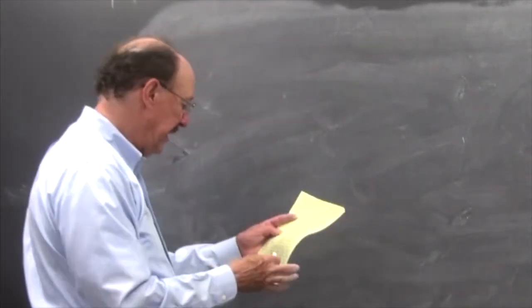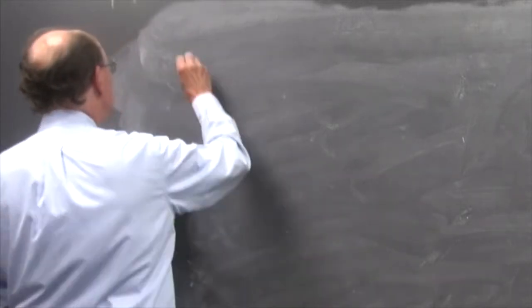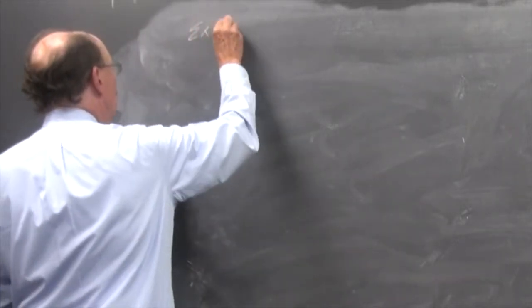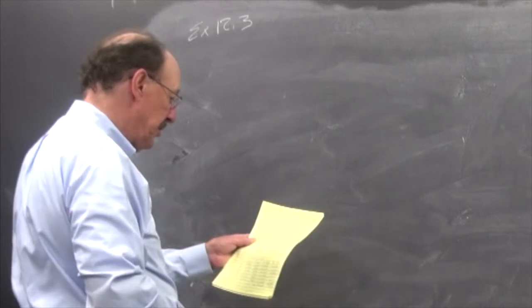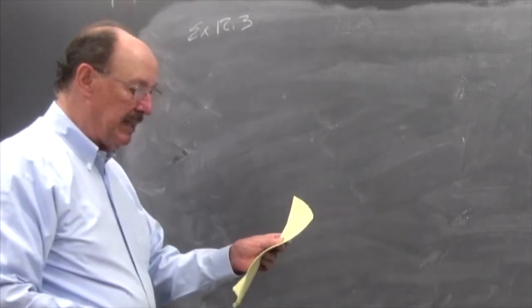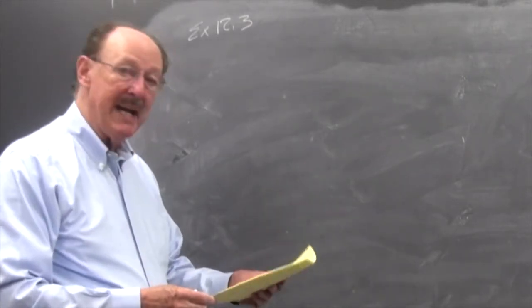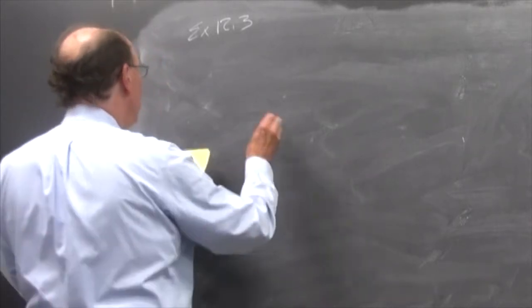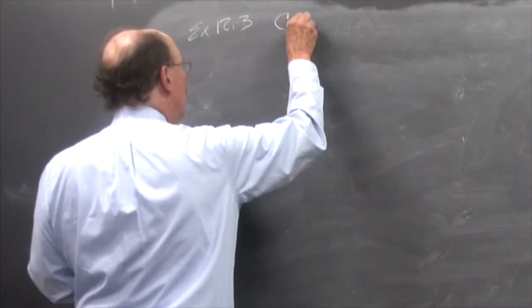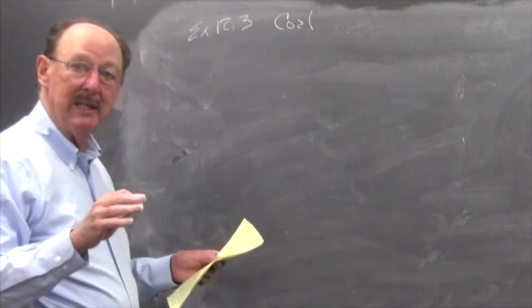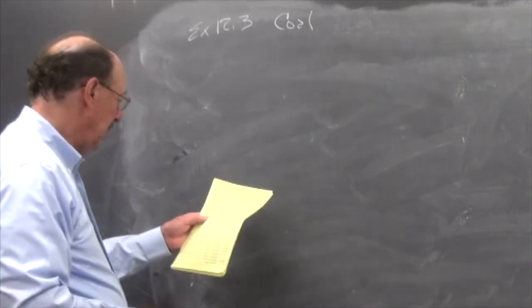So now, again, this is example 12.3. And with this, we're given coal, and we're given it on a mass basis. And in fact, you may want to look at the problem and how it's written.